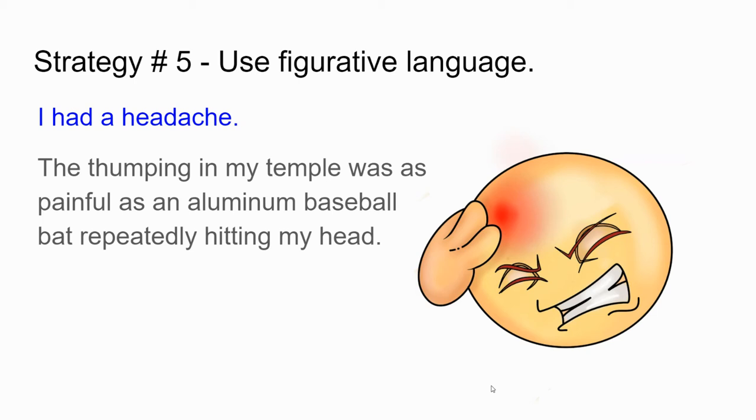So a simile and a metaphor are very similar to one another. They compare two unlike objects, but they're different in that a simile compares the two using like or as, and a metaphor compares the two, saying that one is the other one. Hyperbole, that is an over exaggeration.